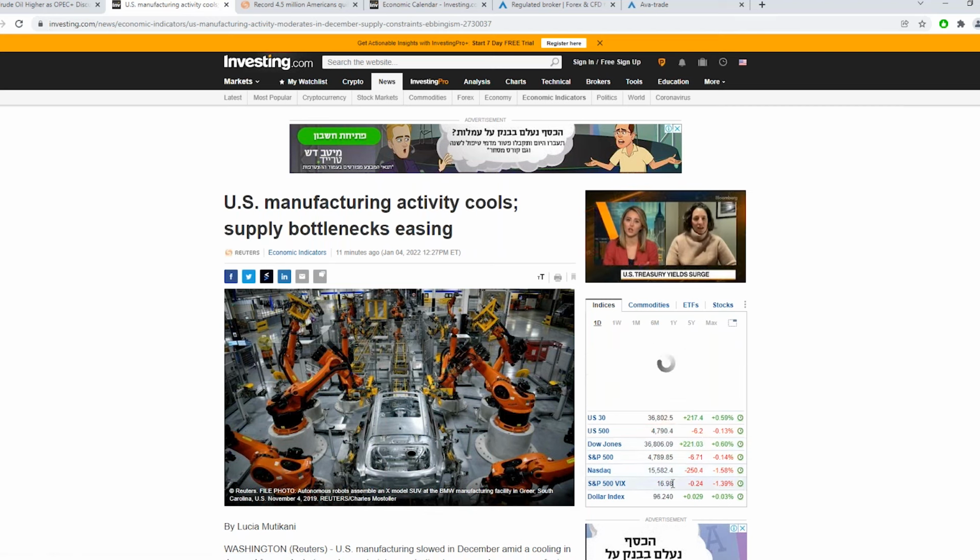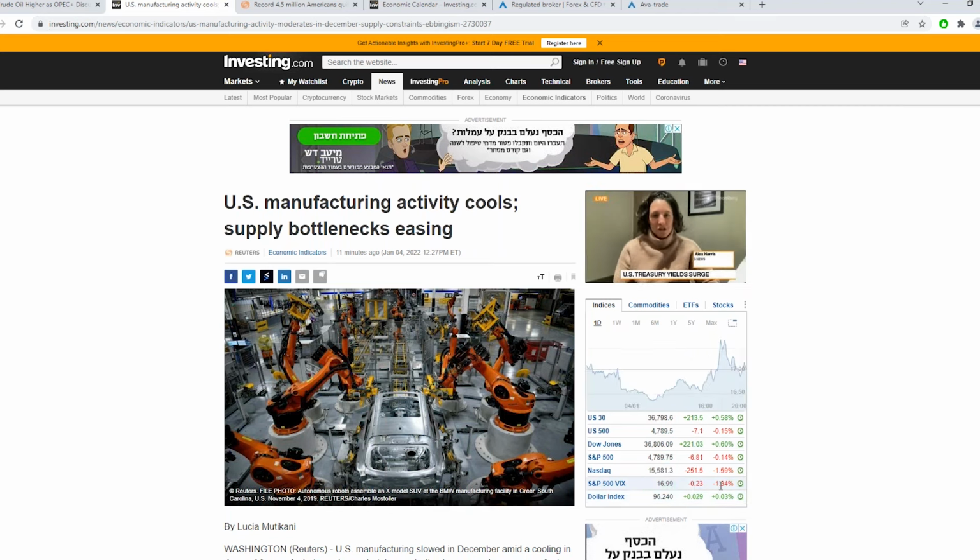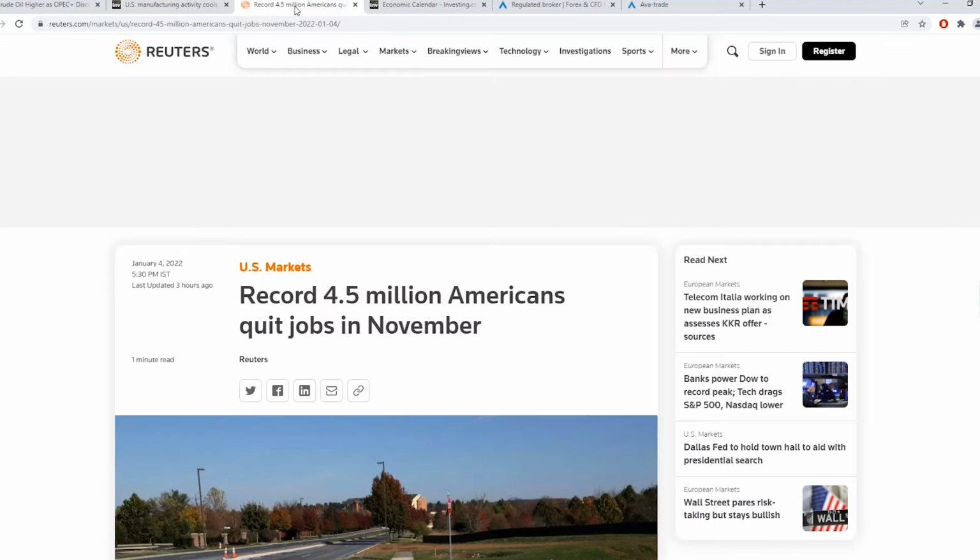So it's mixed. We've got a US dollar that is pretty flat, not up much, not down much, and the same with volatility, slightly down right now. It was up slightly earlier today. So the market just doesn't get a feel for which way it should go right now in terms of making a big run in one direction. It seems like that's not happening today.